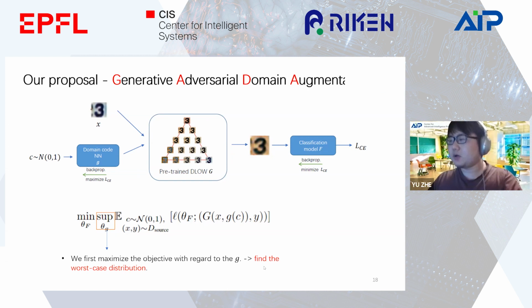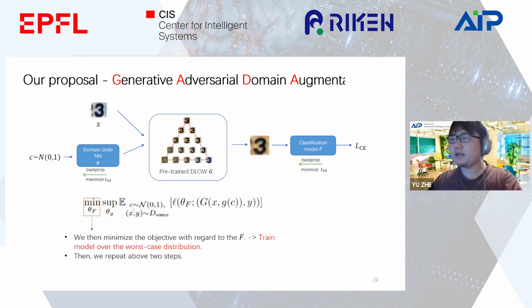In this part, we want to find the worst case distributions of the domain code. We find our worst case domain code distributions by optimizing theta g to maximize the loss function. And then we minimize the objective with regard to theta f. In this step, we want to train the model over the worst case distributions. And then we repeat the above two steps.